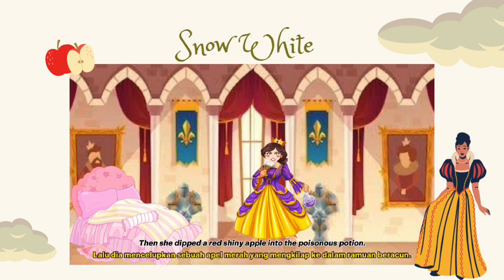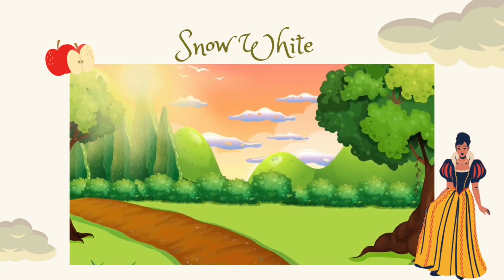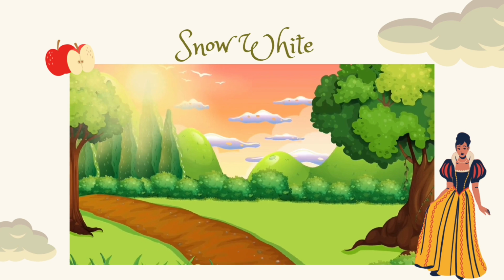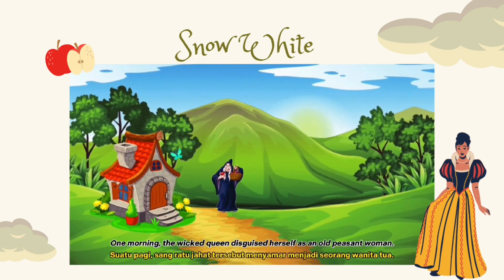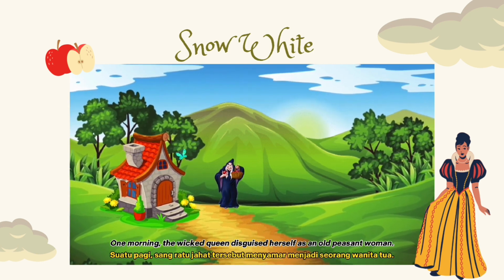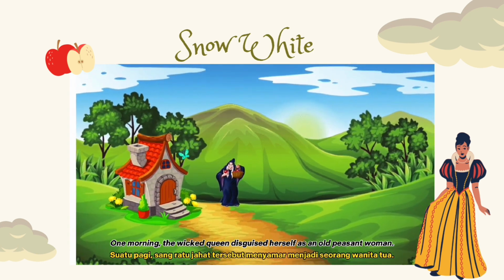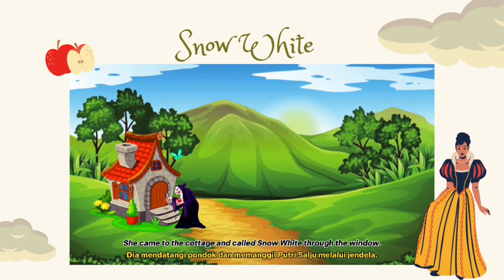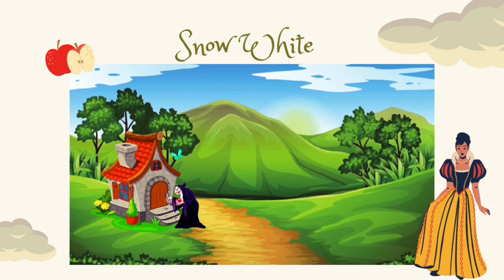Then she dipped a red shiny apple into the poisonous potion. One morning, the queen disguised herself as an old peasant woman. She came to the cottage and called Snow White through the window.